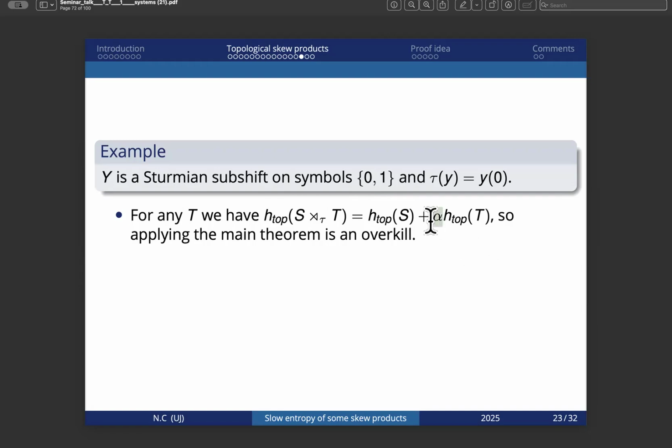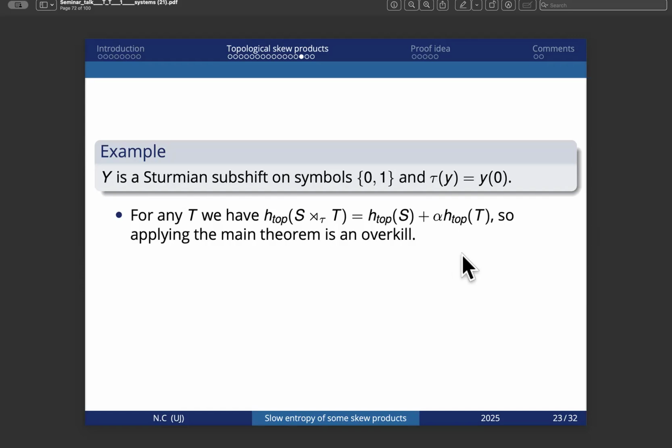So this will be either the rotation angle or 1 minus the rotation angle, depending on how you define your Sturmian subshift. I mean, if 1 is the label of the arc of alpha or the other arc.